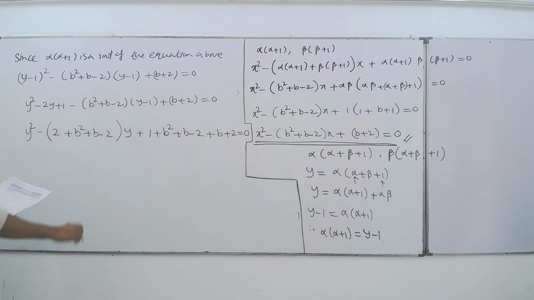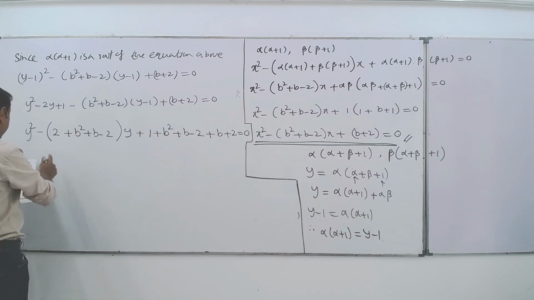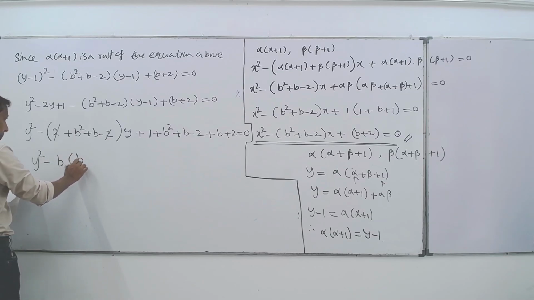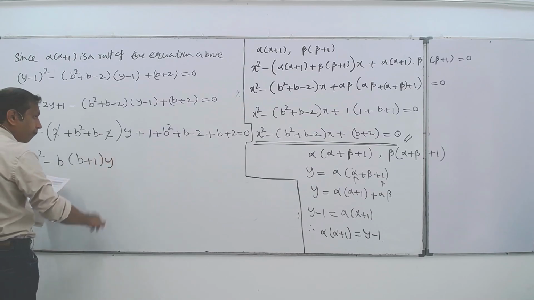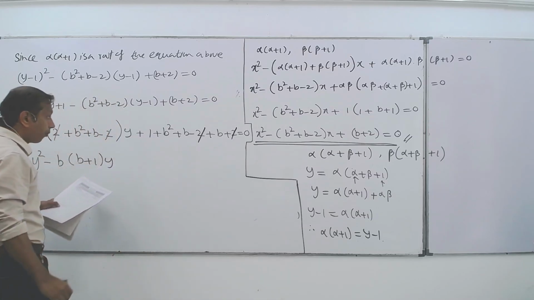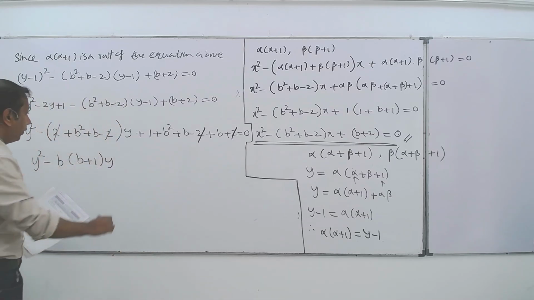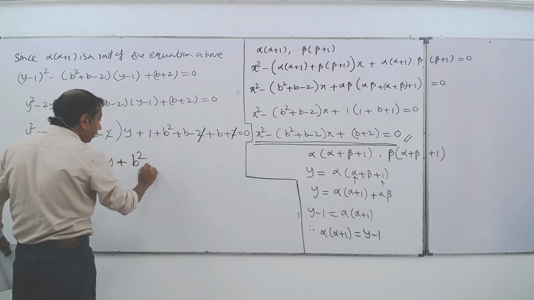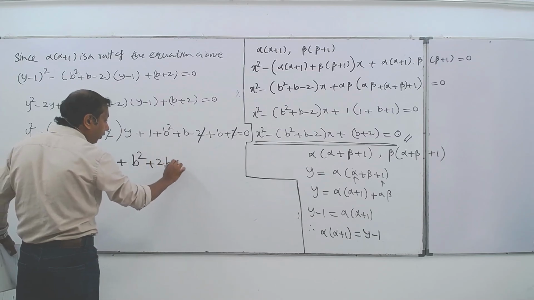Then we can cancel down this and this. We get y squared, take this b out, (b plus 1)y, this 2 you can cancel down. Then we get b squared, b and b, 2b plus 1 equals 0.